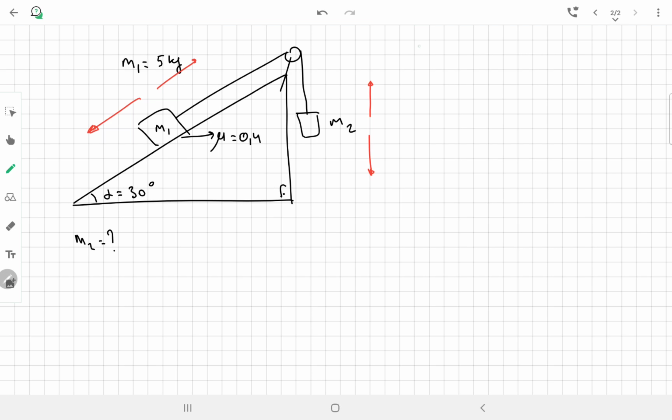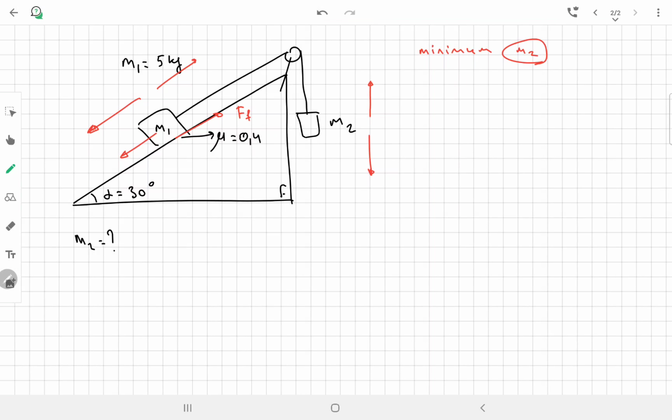We need to find minimum value for M2. It means it will start its motion upward. It means friction force for the first object will be directed upward, because it wants to move downward.